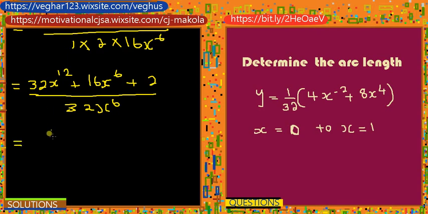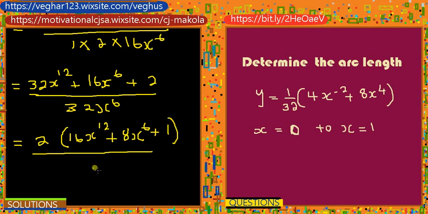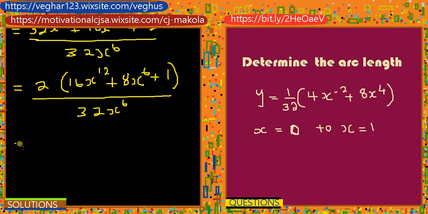Continuing, taking 2 as a common factor, we'll take 2 here. 2 is a common factor here, we're left with 16x raised to 12 plus here you'll be left with 8x raised to 16 plus here we'll have 1, and then all divided by 32 over, so this one will cancel this one.